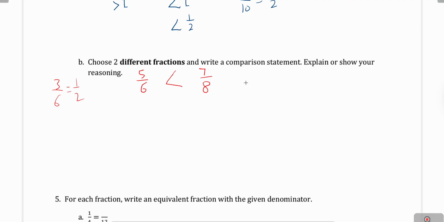This one is more than half because I know that 4/8 is 1/2, and this is 7/8. So both of these fractions are off the whole by 1. So this one is 1/6 away from 1, and this one is 1/8 away from 1.